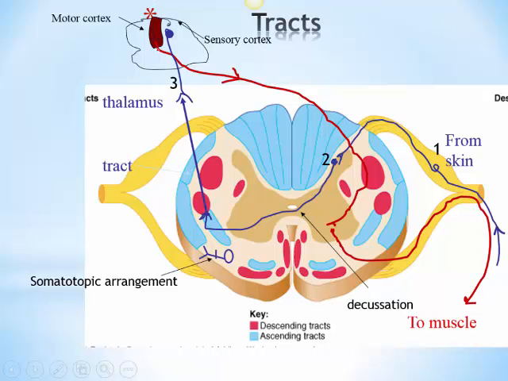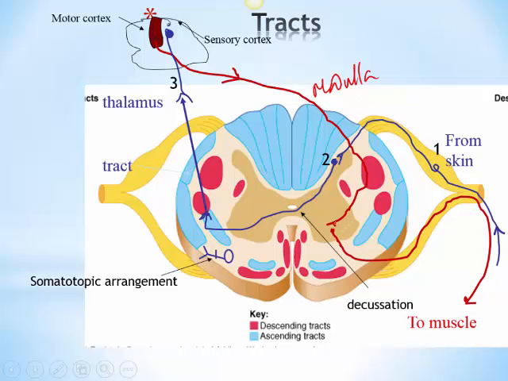Now motor fibers coming down. So from the right frontal cortex, the precentral gyrus, fibers come, they cross in the medulla. So in the medulla they cross. So they cross over from the right to the left side. And they travel down as the corticospinal tract. So you can see many fibers will travel and they'll be together like a tract.